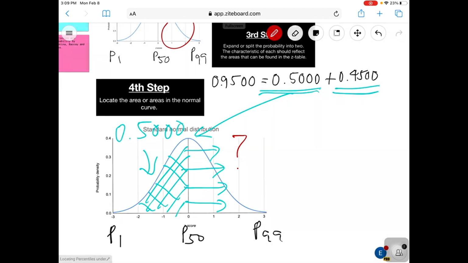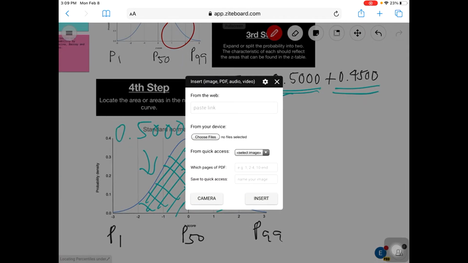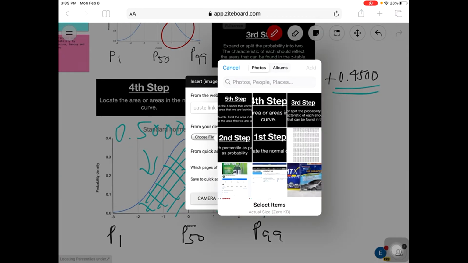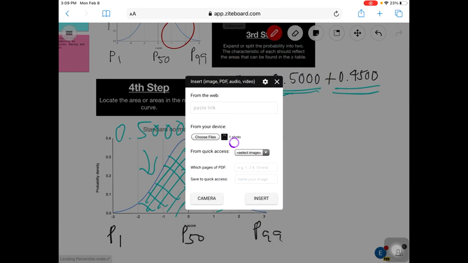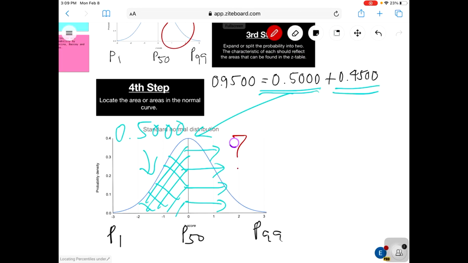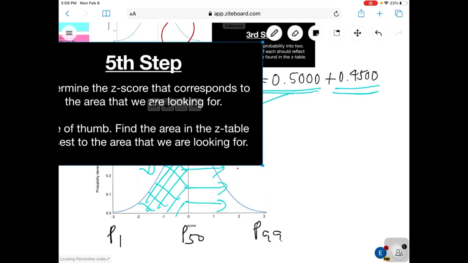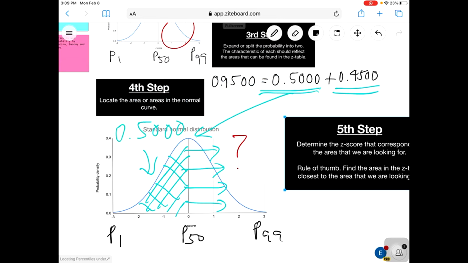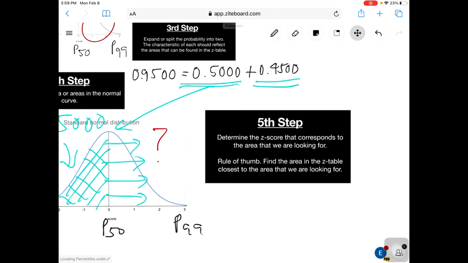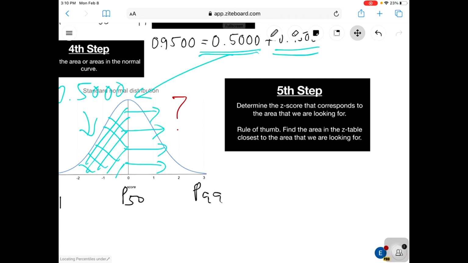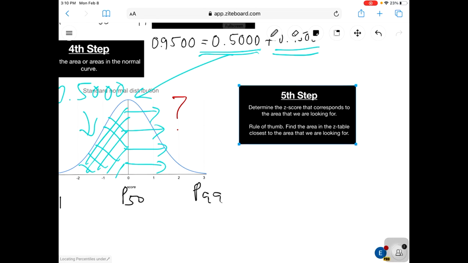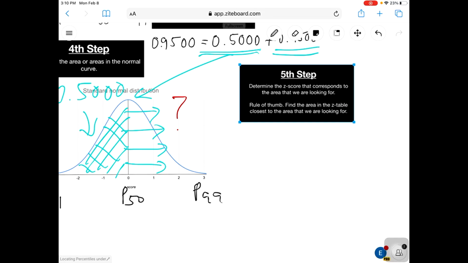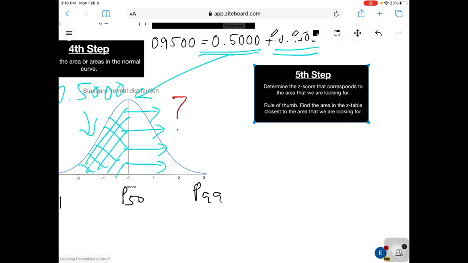Now, the next step is to determine the z-score that corresponds to the area that we are looking for. The rule of thumb here is we have to find the area in the z-table closest to the area that we are looking for.